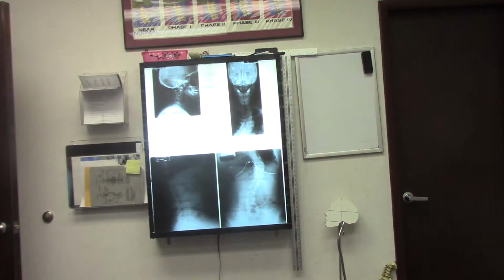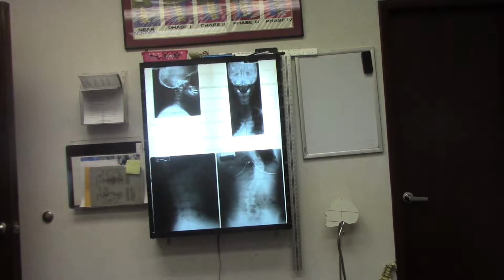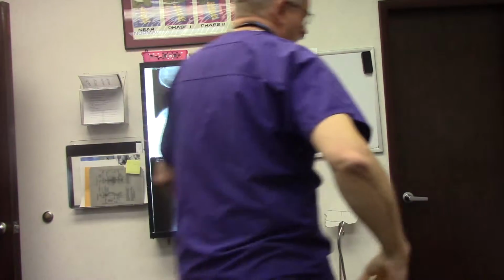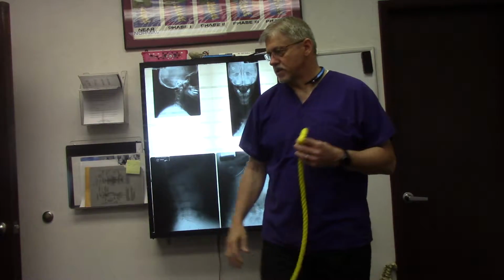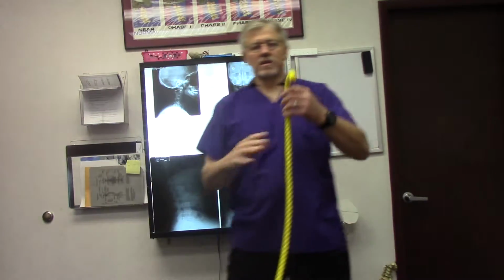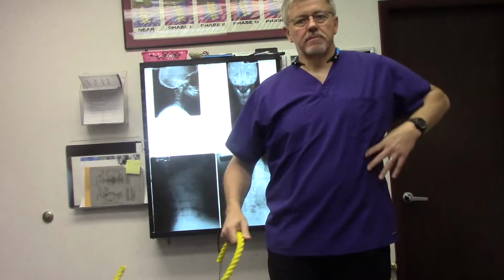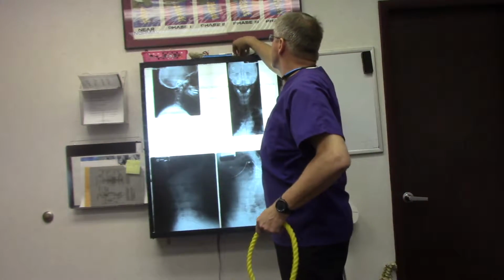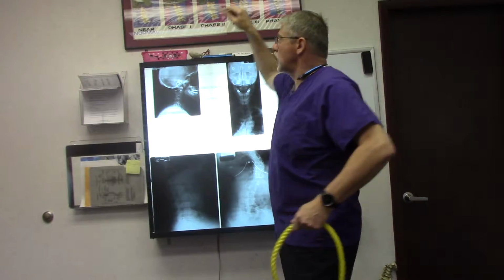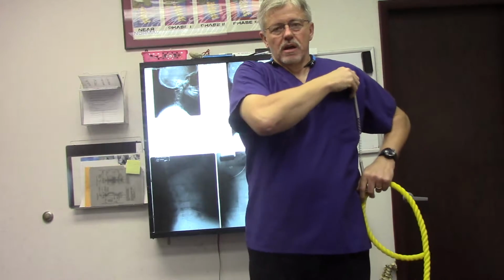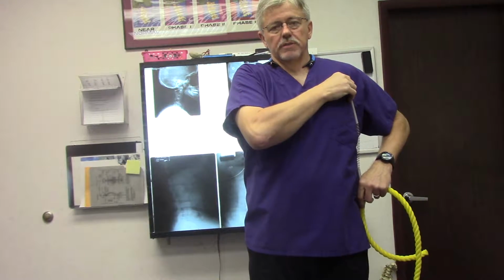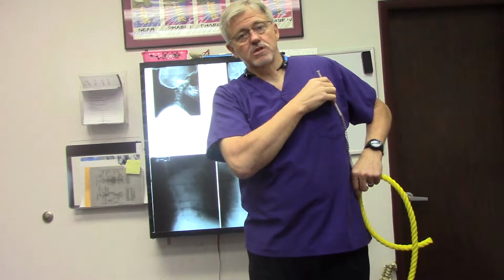In taking care of scoliosis, it's important to understand that it is not really a lateral curve. A lateral curve happens because of damage to the ligaments on the side, which means they get torn and they're longer than they should be compared to the other side, so we tend to shift this way.